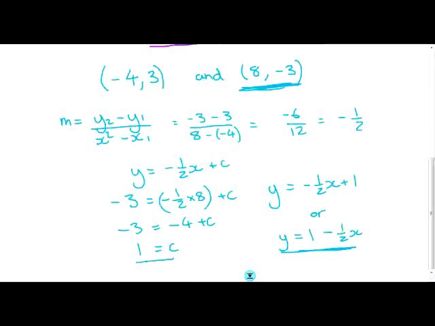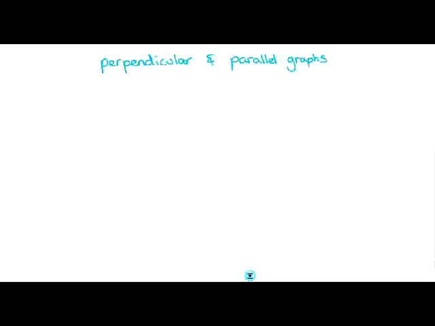So you need to know how to find equations of straight lines from coordinates. You also need to know how to find perpendicular gradients and parallel gradients. So for example, if we have y equals 3x plus 5, a perpendicular means it goes at right angles.